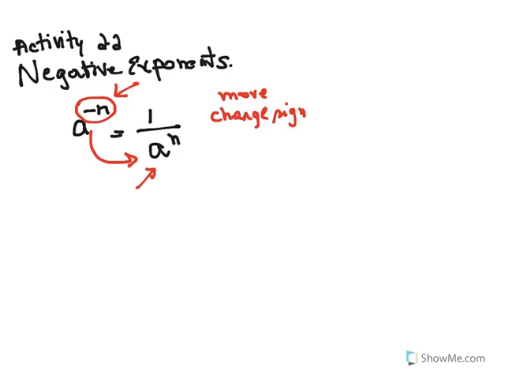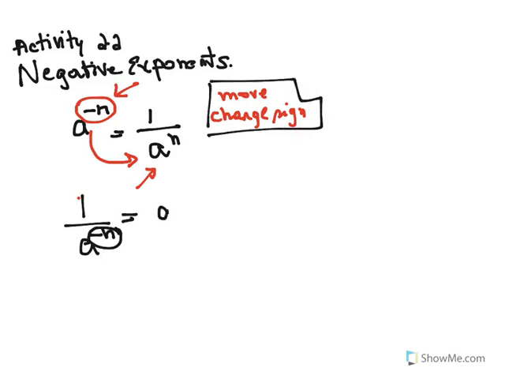Now, what happens if I have a quotient? If I have the negative exponent occurring in the denominator, I'm going to do the same two things. I'm going to move it and change the sign, which is the same thing as a to the n.